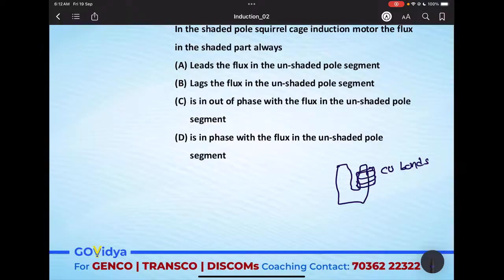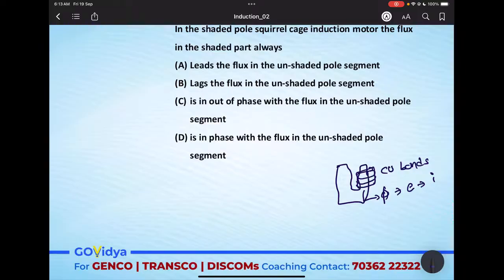Because of that, whatever flux is generated induces EMF E, and it will generate the circulating current I in the copper bands.